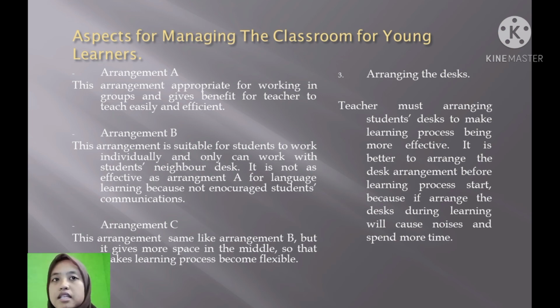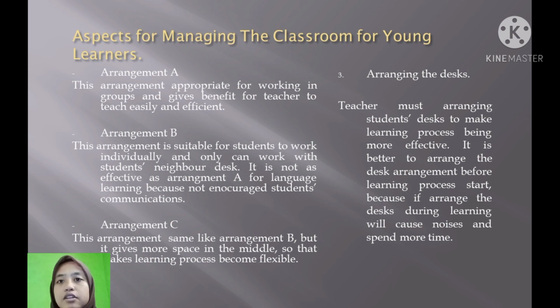The first is arrangement A. This arrangement is appropriate for working in groups and benefits teachers, who can teach easily and efficiently. Number two is arrangement B. This arrangement is suitable for students to work individually, and they can only work with their neighbors' desks. It is not as effective as arrangement A for language learning because it does not encourage students' communication.